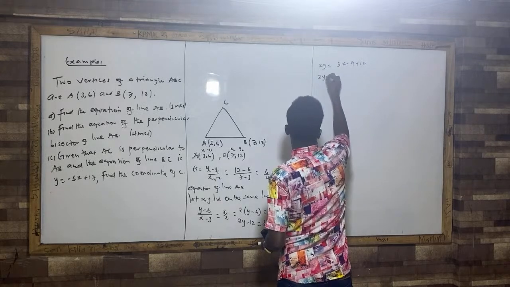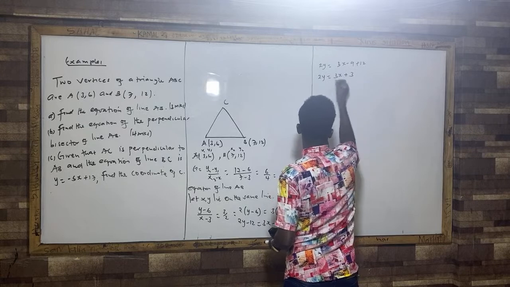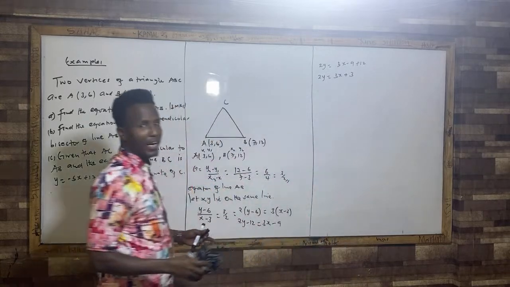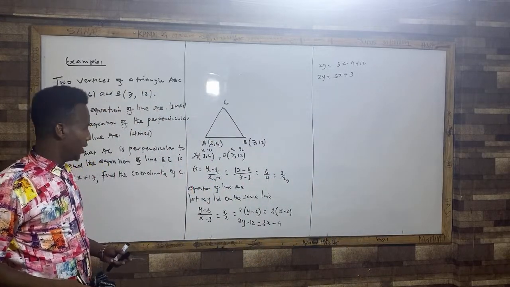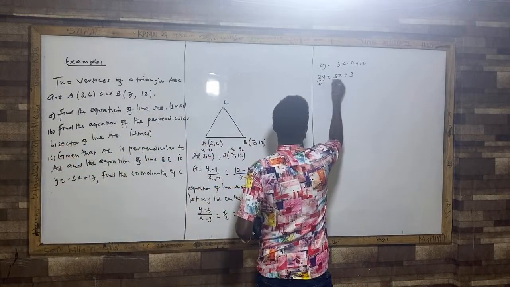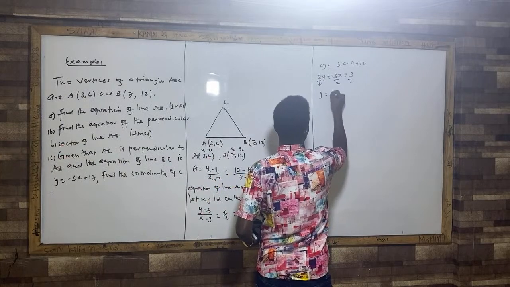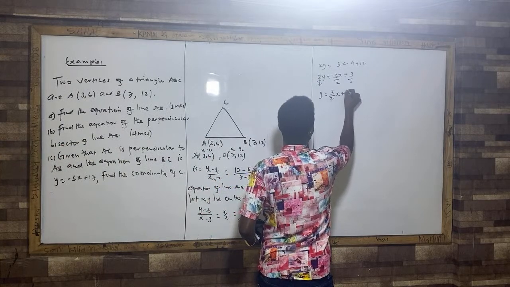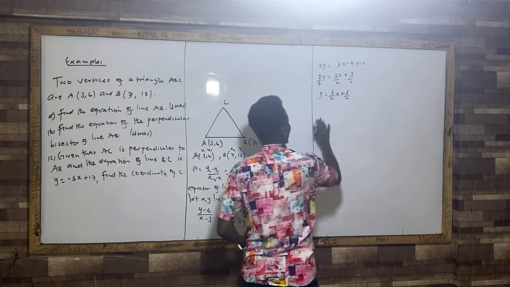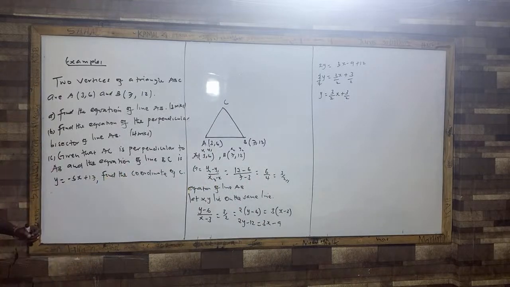So I will have 2y is equal to 3x plus 3, negative 9 plus 12. Take your time. So we divide throughout by 2. Y is equal to 3 over 2 x plus 3 over 2. So that is the equation of line AB for your information.